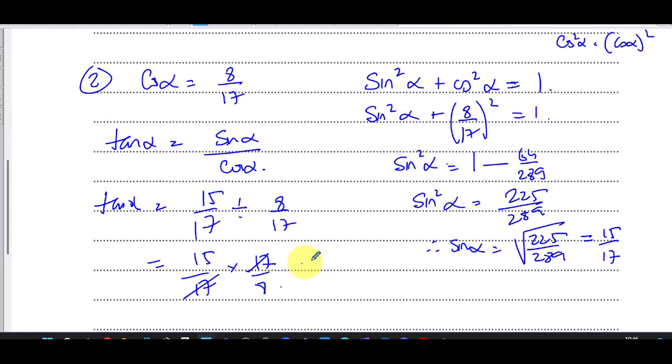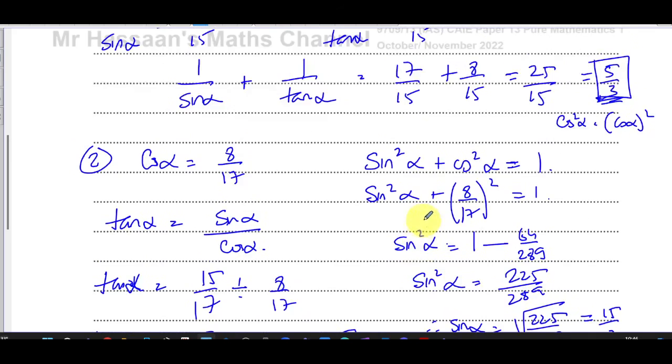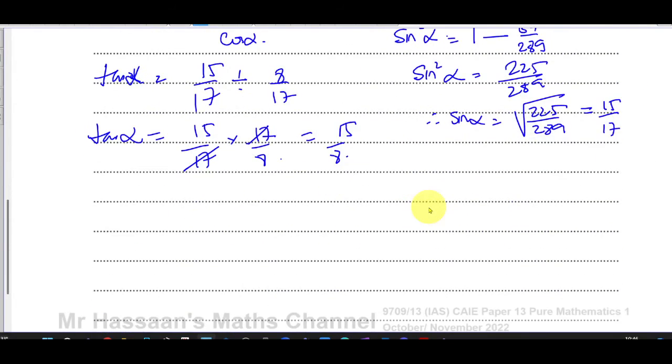These cancel out, so you're left with 15 over 8. That's the tan of alpha, as we found before, and the rest is the same. You have 17 over 15, the reciprocal, plus 8 over 15. Remember, you add the numerators over the same denominator, 15.